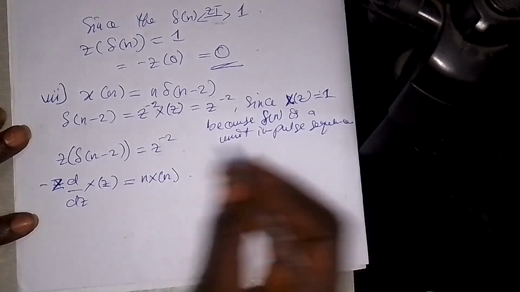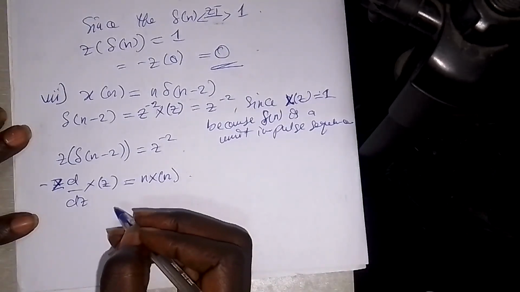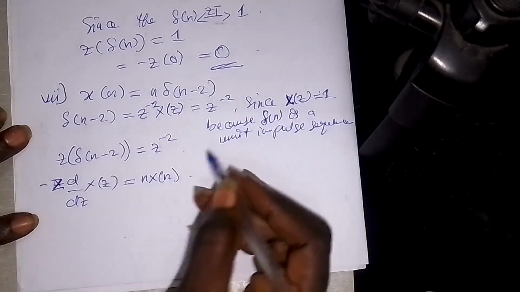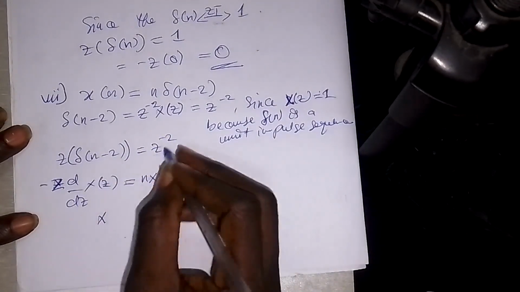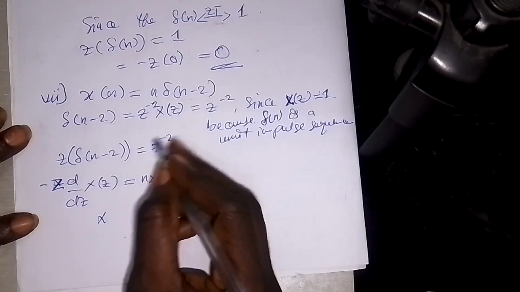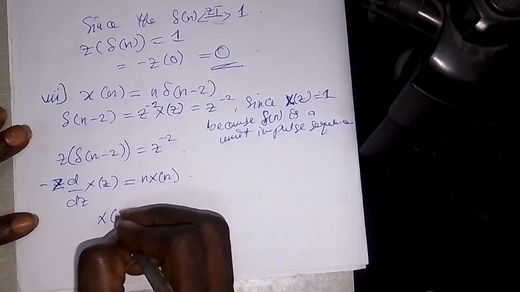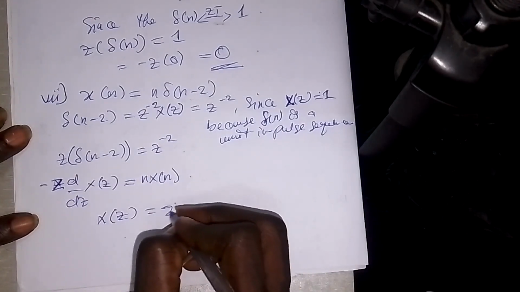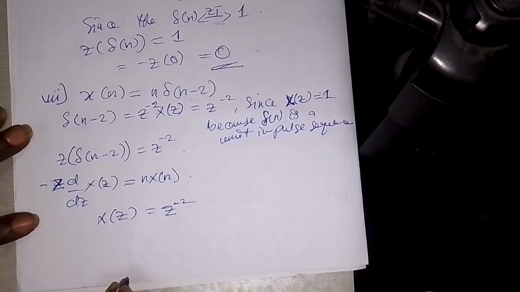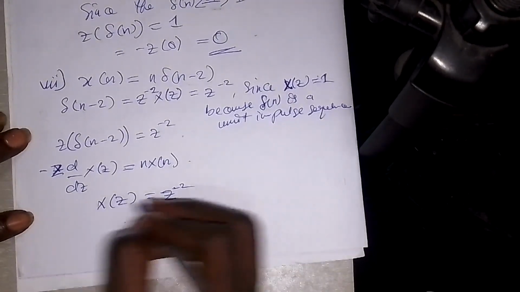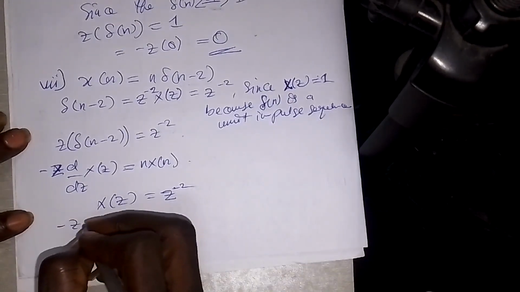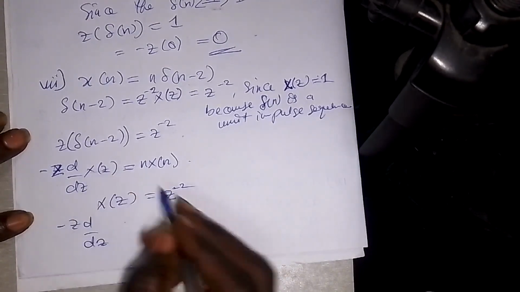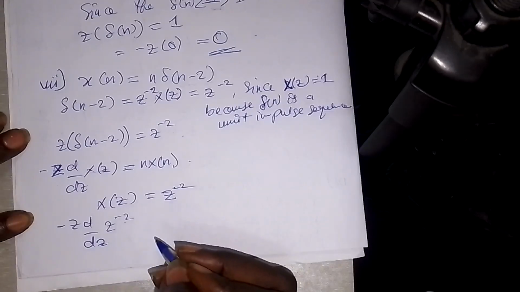What I can say is that this z to the minus 2 I found here is a z transform for this one. So x of z is equal to z to the minus 2. In that case, I can say minus z into d dz, and here I'll put z minus 2.